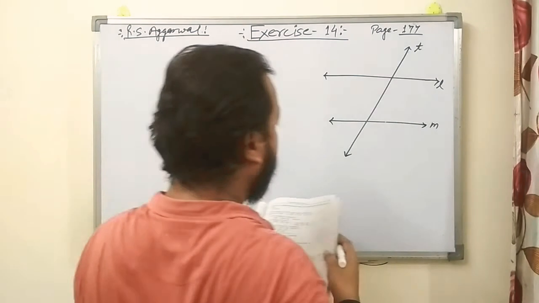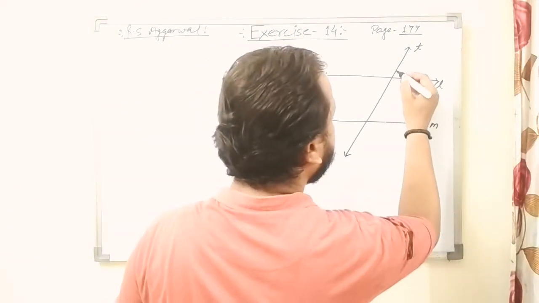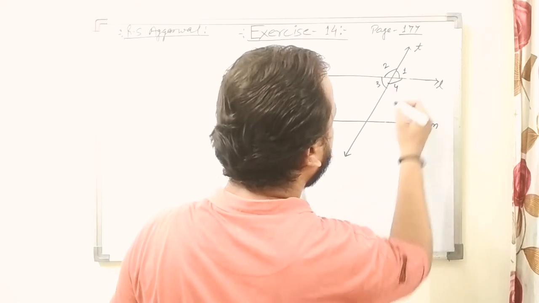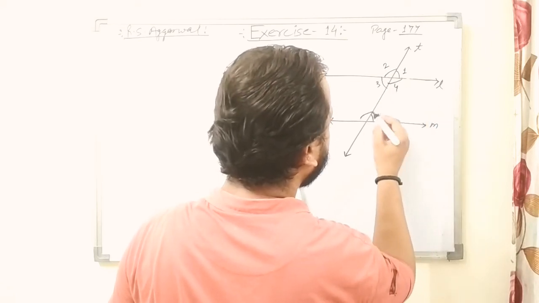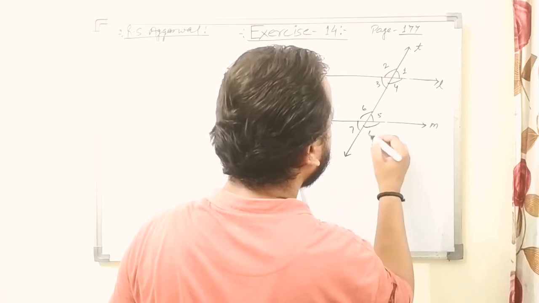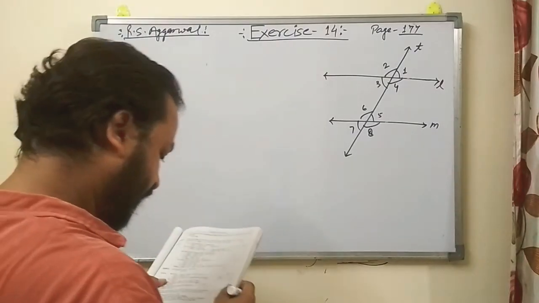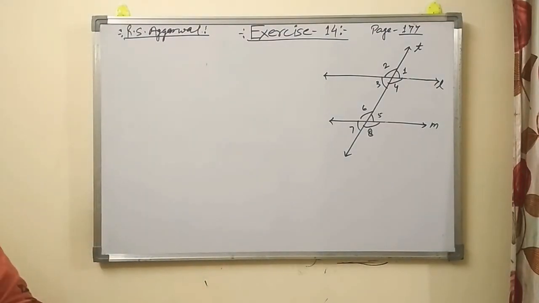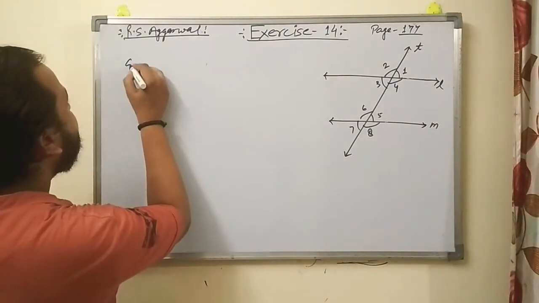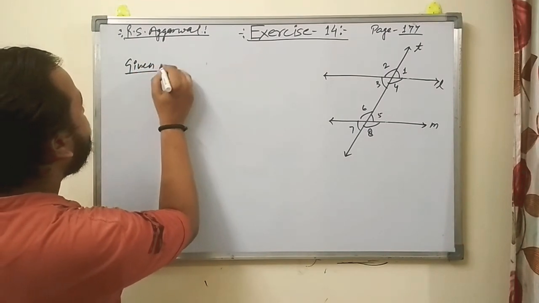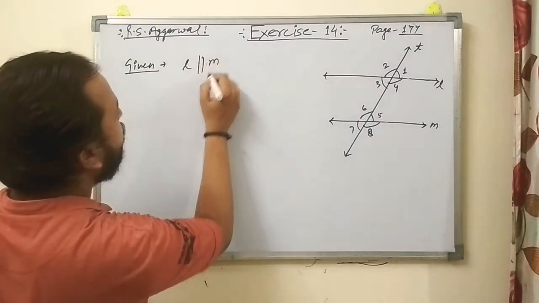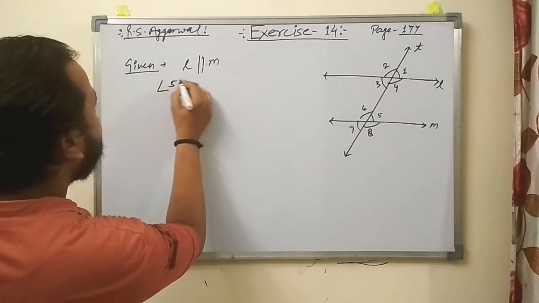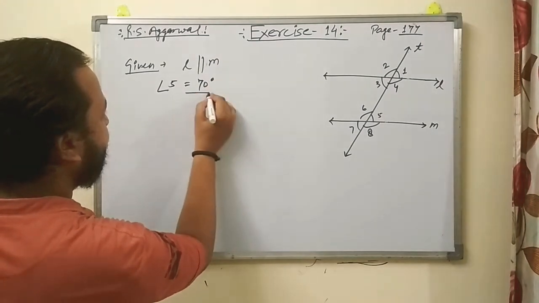And the angles: this is angle 1, this is 2, 3, 4, this is 5, 6, 7 and 8. So it is given line L is parallel to line M and angle 5 is given as 70 degrees.